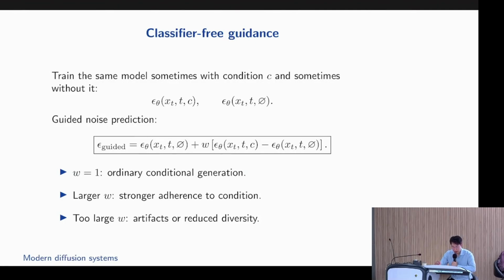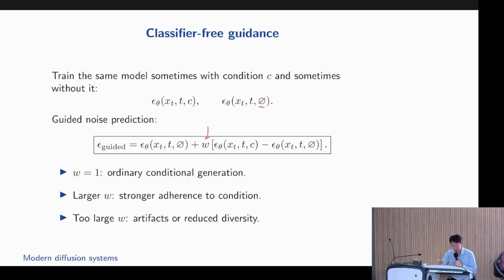So how do we generalize this further so that sometimes it takes as input the condition or context, and sometimes just generates an image without any condition? We define a specific symbol for no context, and we do a guided noise prediction.